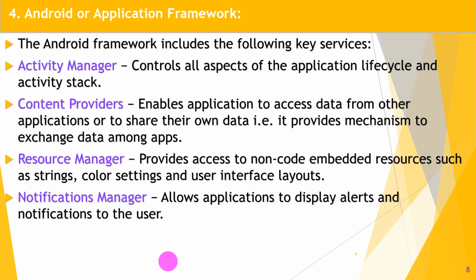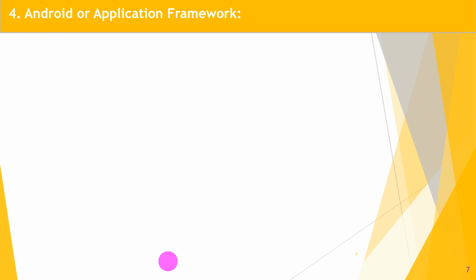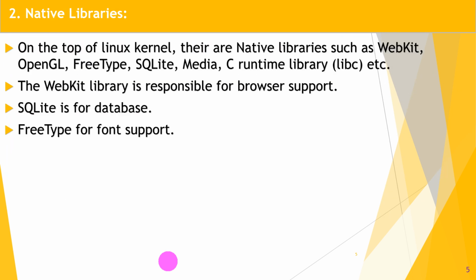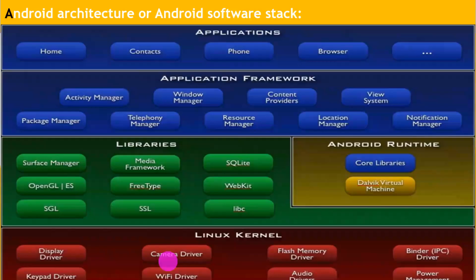So we can just overview these different 5 types of Android software stack or Android architecture in short. At the bottom there is the Linux kernel. This Linux kernel contains all different device drivers, for example display drivers, camera drivers, Wi-Fi drivers, audio drivers, power management drivers, etc. After that, libraries.